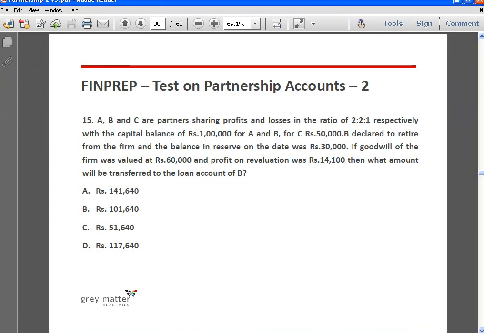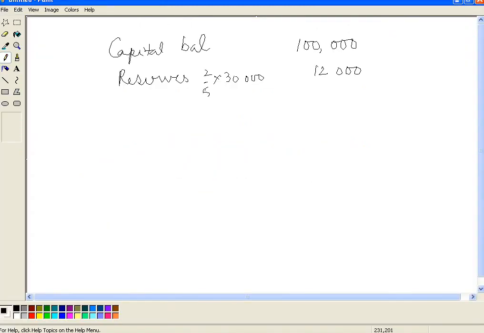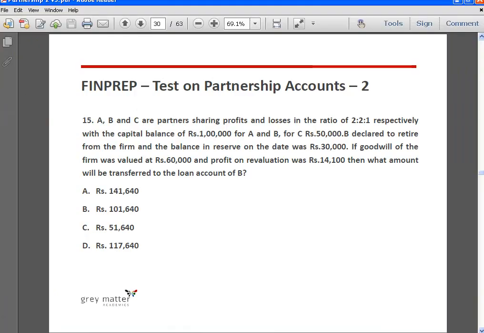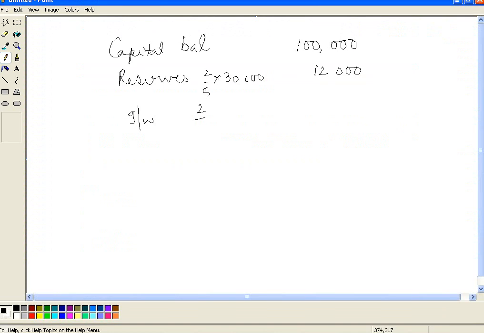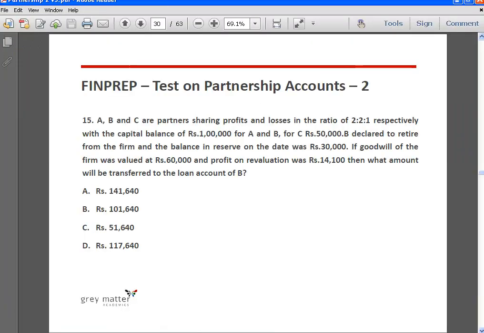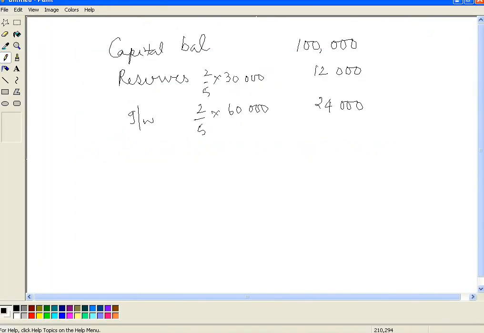Okay. Next, share of goodwill. Goodwill is valued at 60,000. So it will be 2 by 5 of 60. It will be 24,000. Okay. And then share of profit on revaluation. It is 2 by 5 of 14,100.